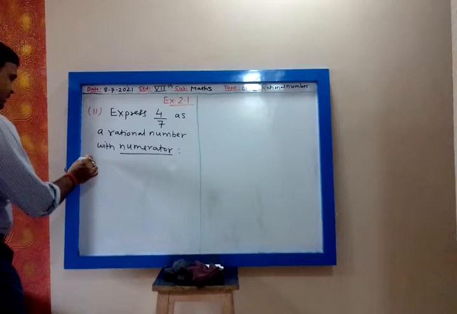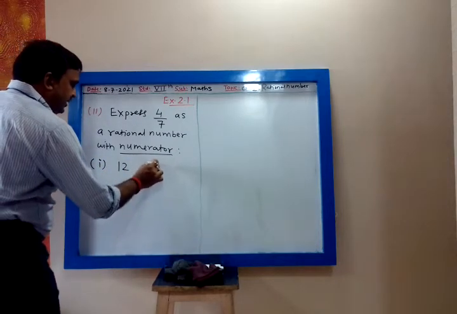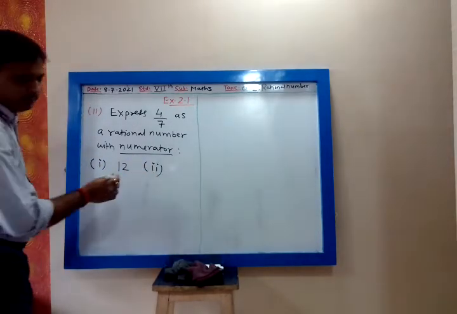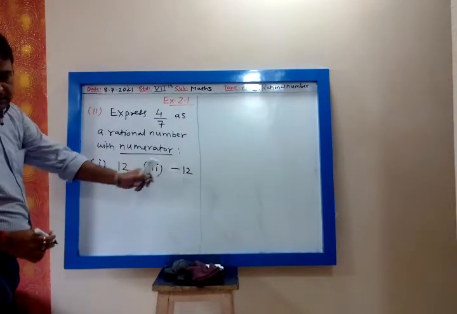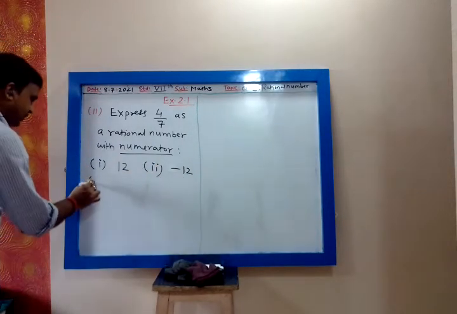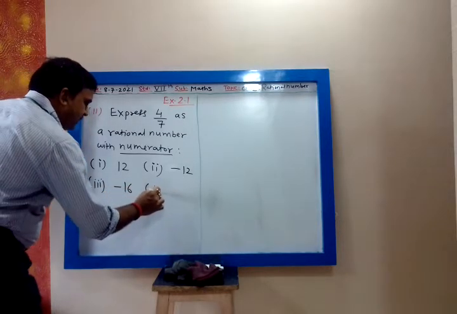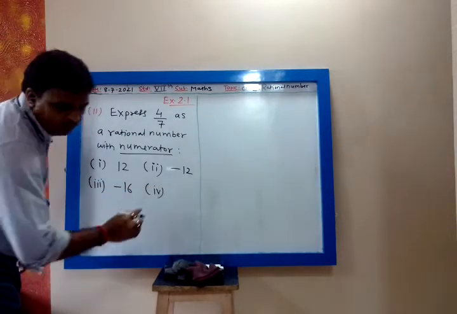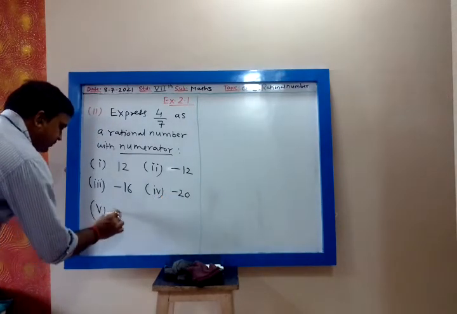First question, it is 12. First part you want numerator 12, second part you want numerator minus 12, third part you want numerator minus 16, fourth part you want numerator minus 20, and fifth part you want numerator 20.